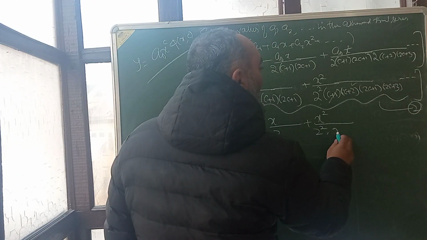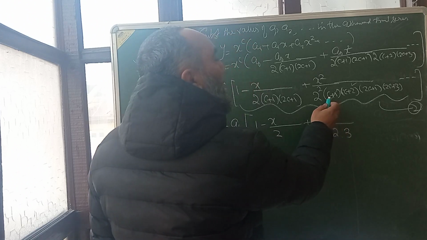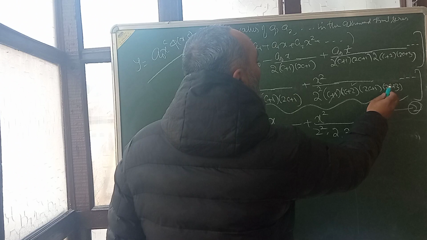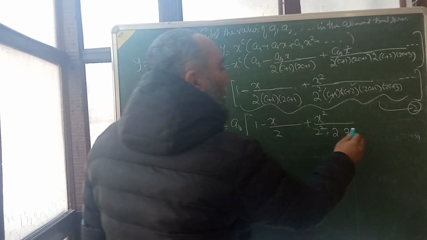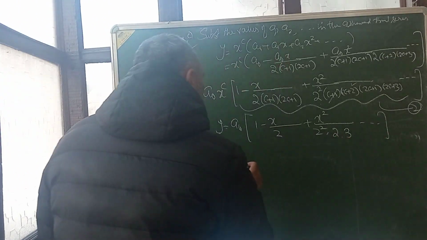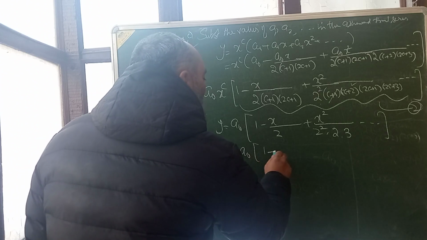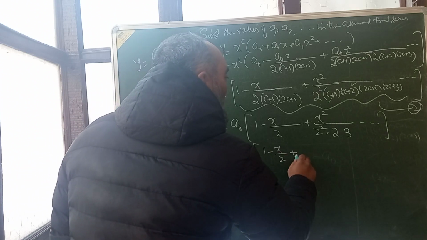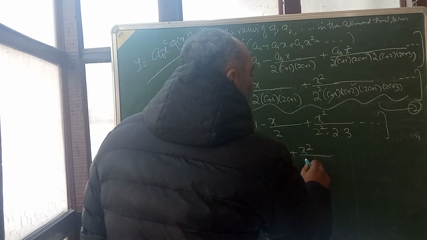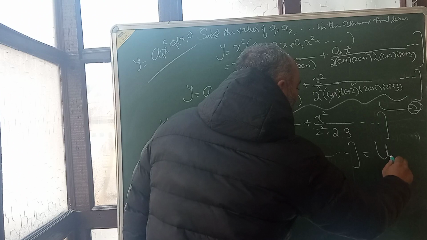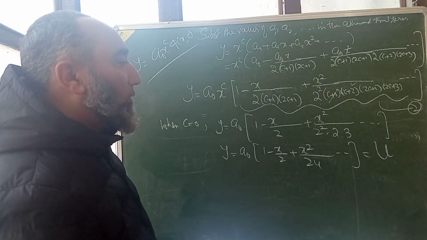Then this is 2 and this is 3. Your c is 0, 0 plus 1, 0 plus 2, 2c, 0 plus 1, 0 plus 3. So this is it, minus so on. So your y is a0 times 1 minus x by 2 plus x square by 24, minus so on. Say this is y1. First solution. You have got the first one.